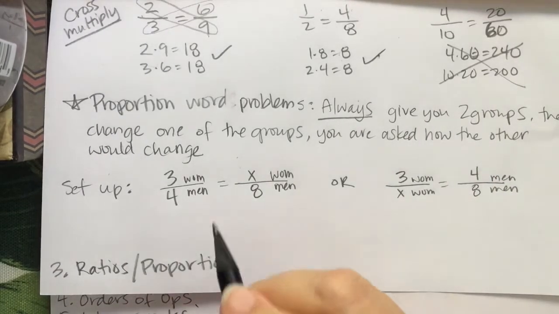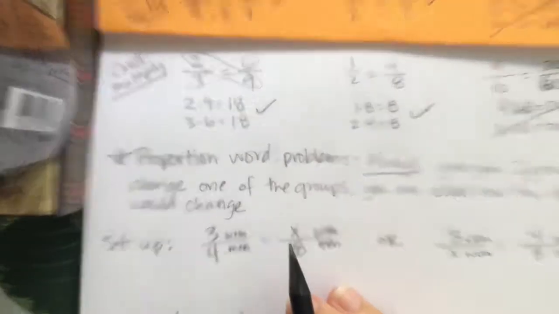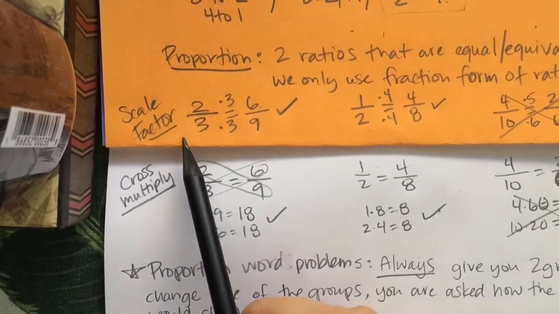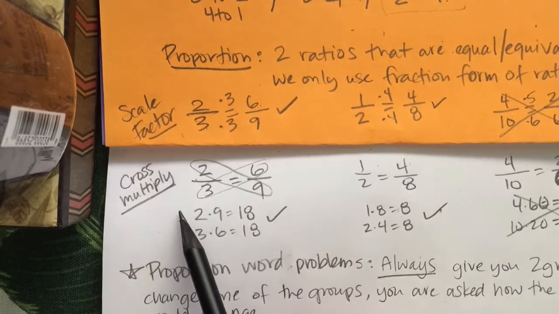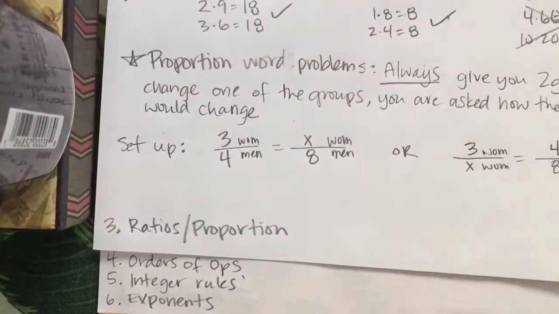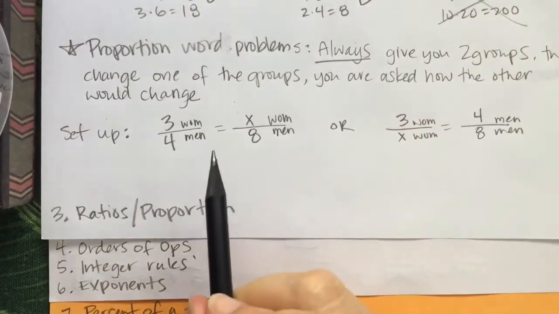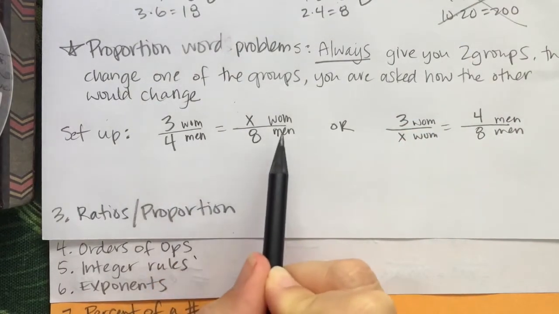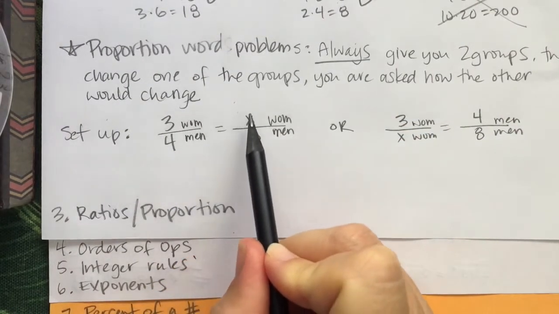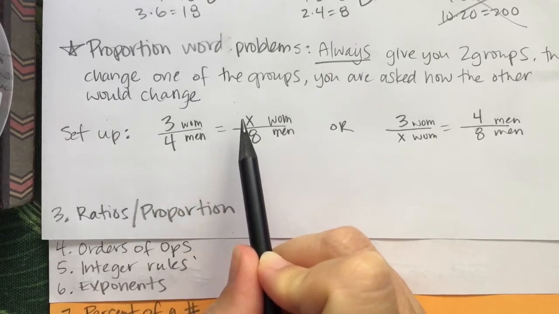Okay? Now, we can solve this in 2 ways. We can either use the scale factor situation, or we can cross multiply. So we'll do both just so you can see. Let's try the scale factor. So what I want to do is I want to look at the numbers that are across from each other. In this case, I can't do anything with 3 and x because I don't know what x is, so I couldn't figure out the scale factor.